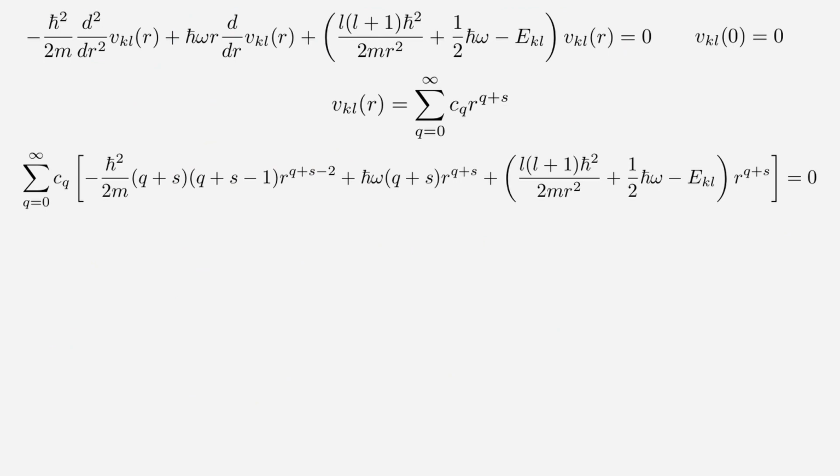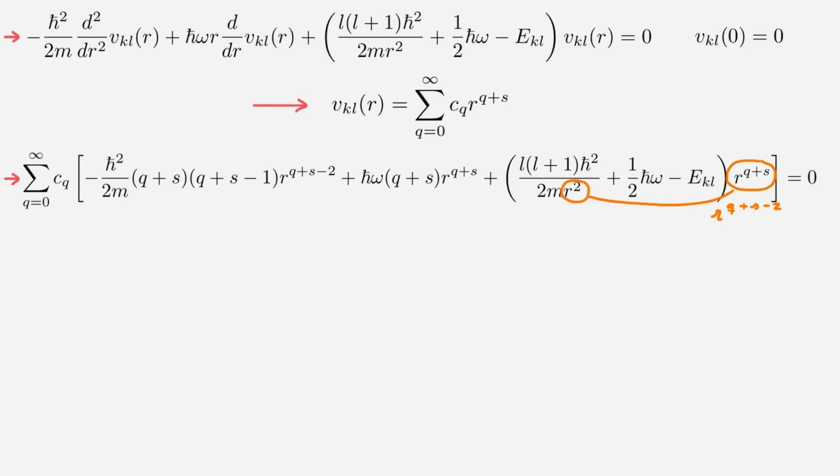So, starting with the differential equation for v at the top here, we have then expanded v as a power series as shown here, and this is the latest expression that we got for the differential equation when using the expansion of v. To simplify this further, we can combine this factor of r squared in the denominator here with this power over here to get a power of q plus s minus 2.